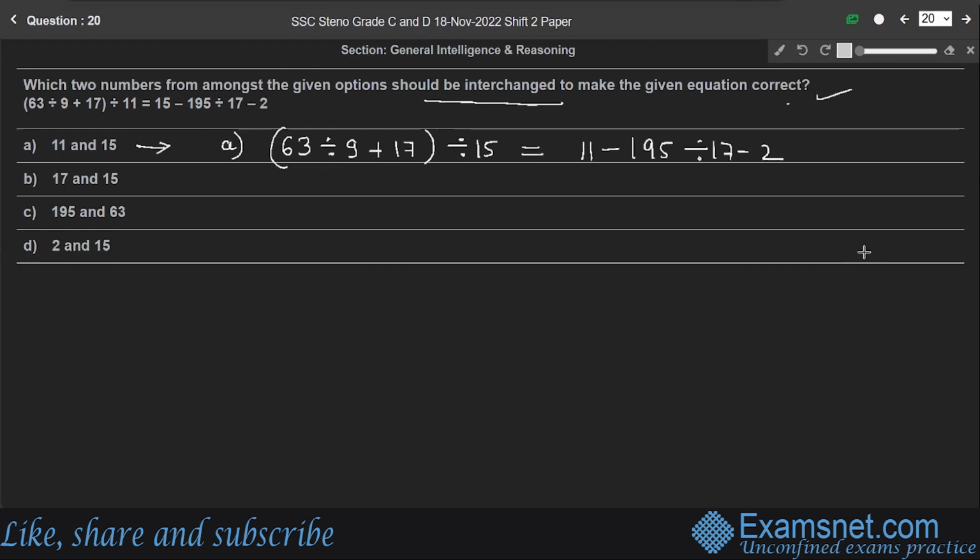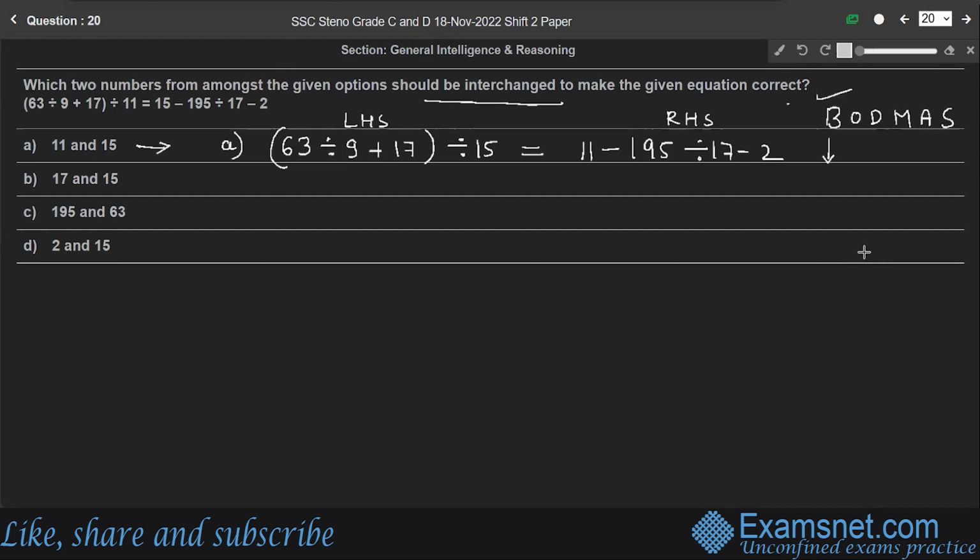So here we have to check whether the left hand side is equal to the right hand side or not. To check this, we have to follow the BODMAS rule. In order to solve any mathematical expression or equation, we follow BODMAS, according to which we remove the bracket first, solving the bracket part.